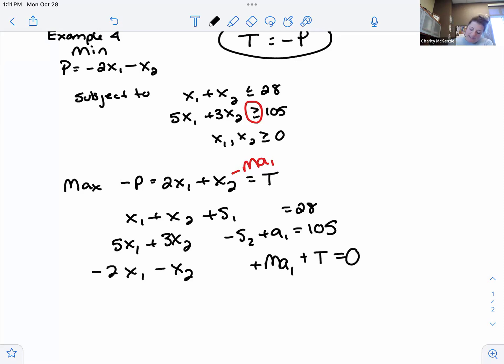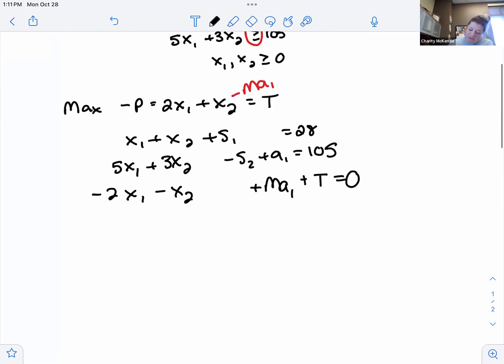So that's kind of how we set up those slack variables. So you're still switching your signs, and so all three of these changed their signs, and then they go over with the T.